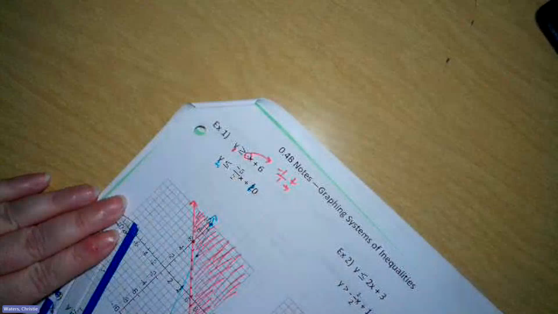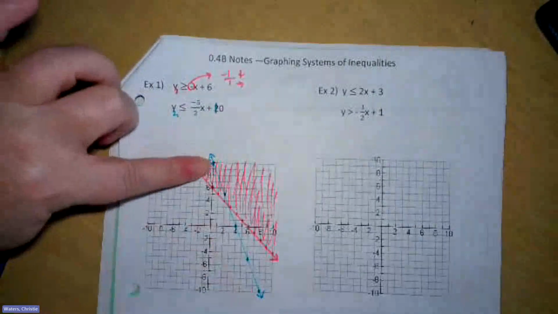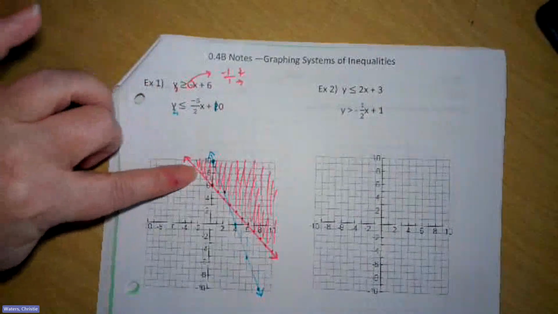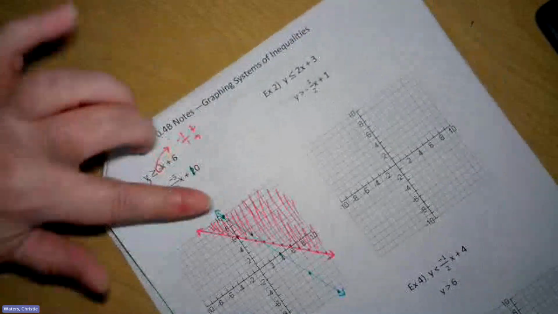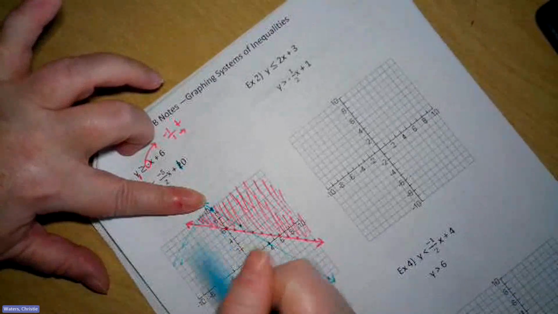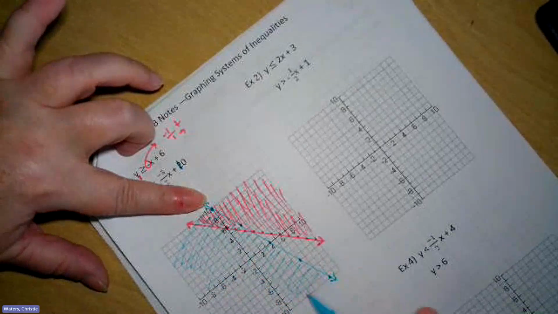But this one is less than. So I want to shade under my line. So that is this side of it. When I do my shading here, it is perfectly fine to overlap the shading that's already there. So I'm just going to go to this line and scribble underneath it. And some of it is going to overlap the pink, and that is just fine.